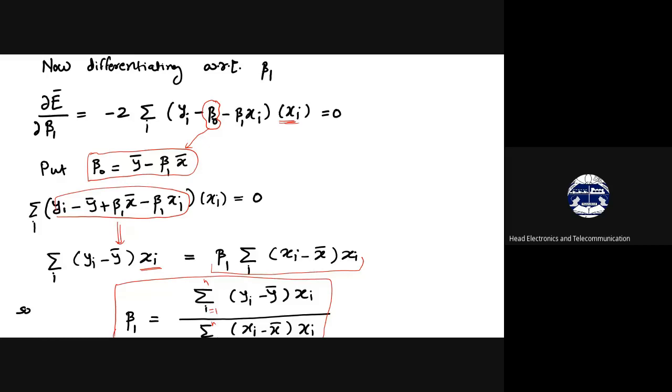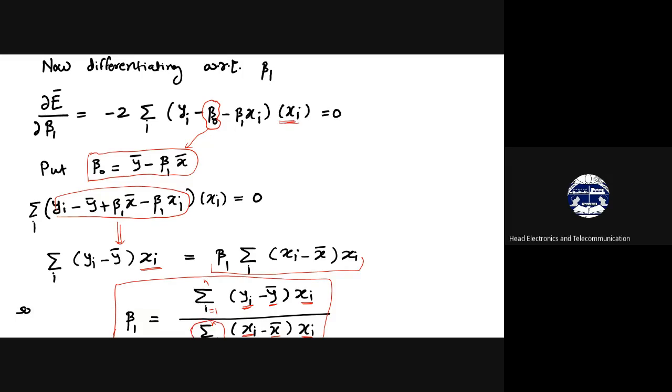So yi, the outcome for the ith sample, minus its mean value multiplied by its input. I have to do this for all the samples from i equal to 1 to n, divided by the input value xi minus the mean of that input multiplied by the input. I have to do this summation for i equal to 1 to n.